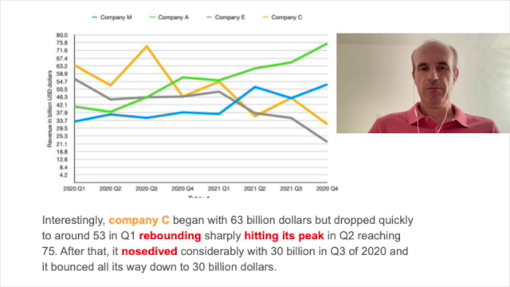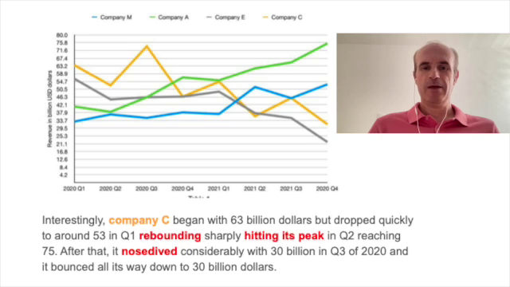And then I mention the word to around 53 in the first quarter. Now, as you can see, I begin here with the 63, the point of the beginning, and then what happens next? It dropped to the next point of change. That would be 53 in the first quarter.